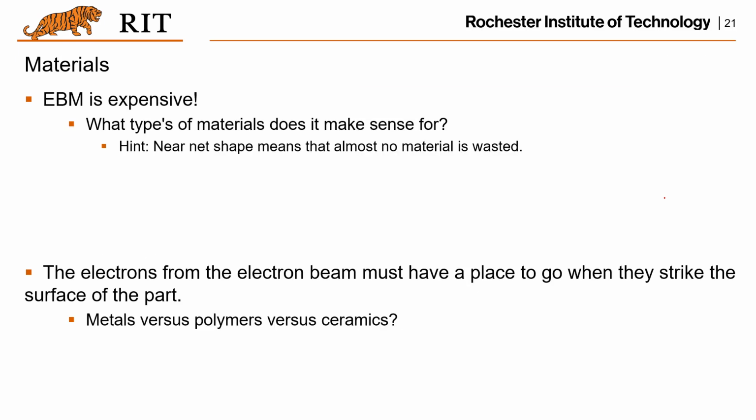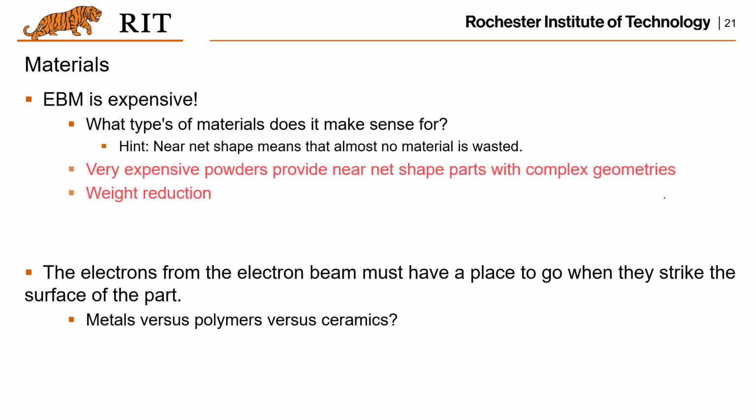For the building material, the EBM process also uses a very expensive material for the near net shape part. But I mean, both the machine and the material are very expensive, and they could produce the near net shape parts with complex geometry.